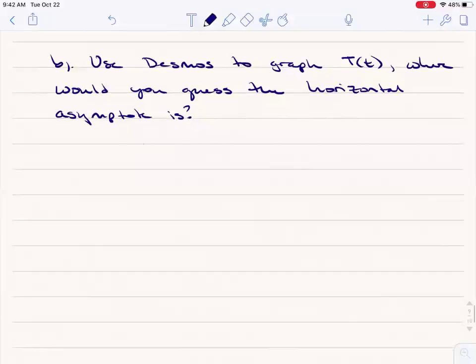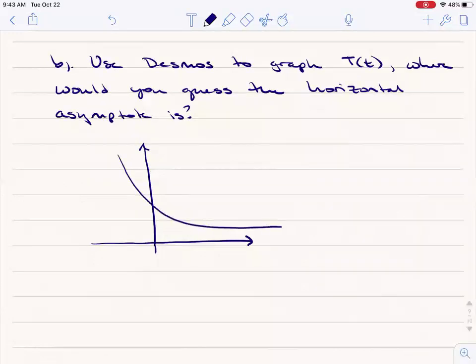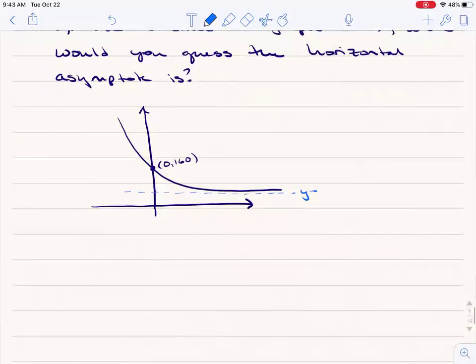So if I have to sketch this out, it looks something like this. This was at (0, 160), and then I'll draw here, this is at y equals 70.